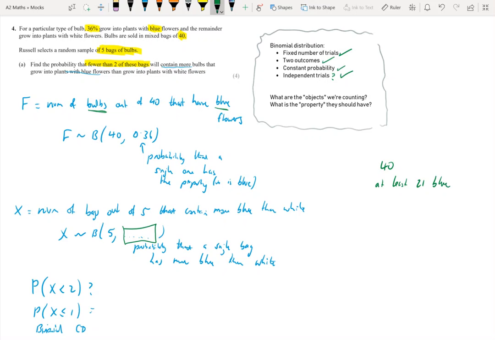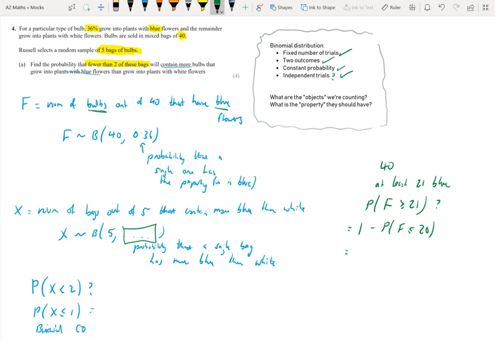Now this is a question that our F distribution, the original binomial we wrote down, we want F to be at least 21. What's the probability that a single bag contains at least 21 blue? Okay. How do we do greater than or equal to 21? We do 1 minus the probability that F is less than or equal to 20.